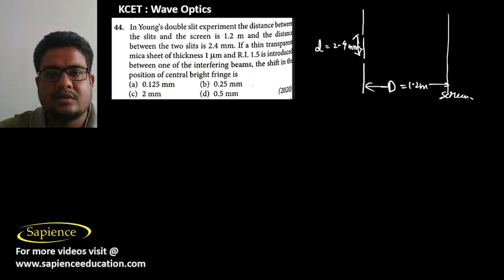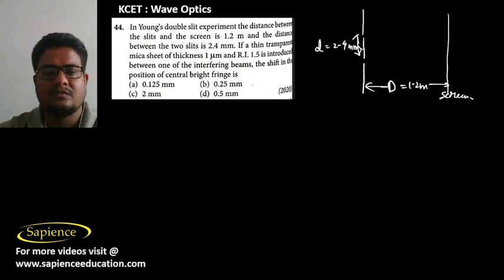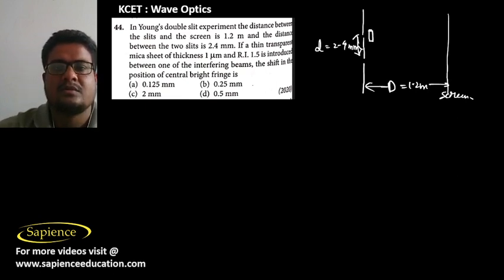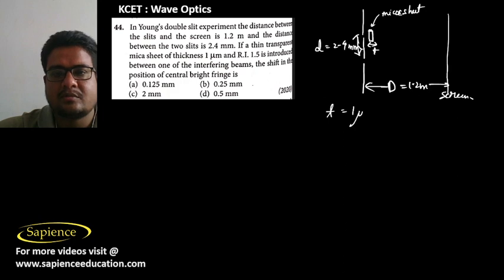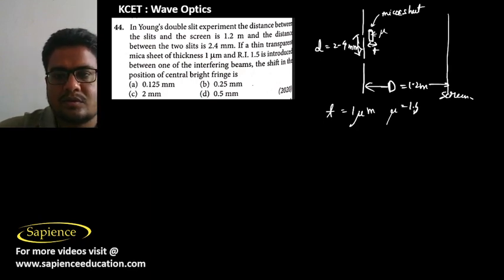If a thin transparent mica sheet of thickness 1 micrometer and refractive index 1.5 is introduced in front of one of the interfering beams, here one thin mica sheet is kept whose thickness t is 1 micrometer, and its refractive index mu is 1.5.